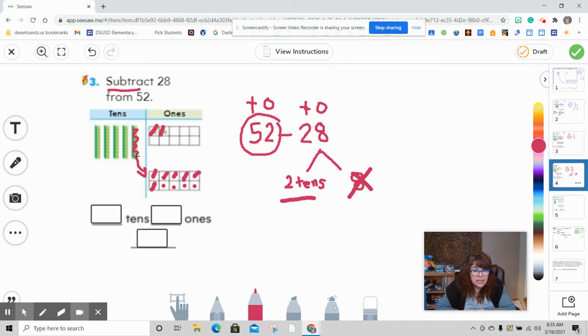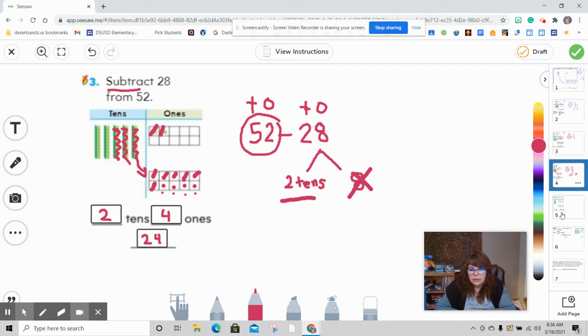So now I have to take away the 2. 1 ten out of here. 2 tens out of here. So now what do I have left? Well, I have 2 tens left. And I have 1, 2, 3, 4 ones. So my answer is 24.